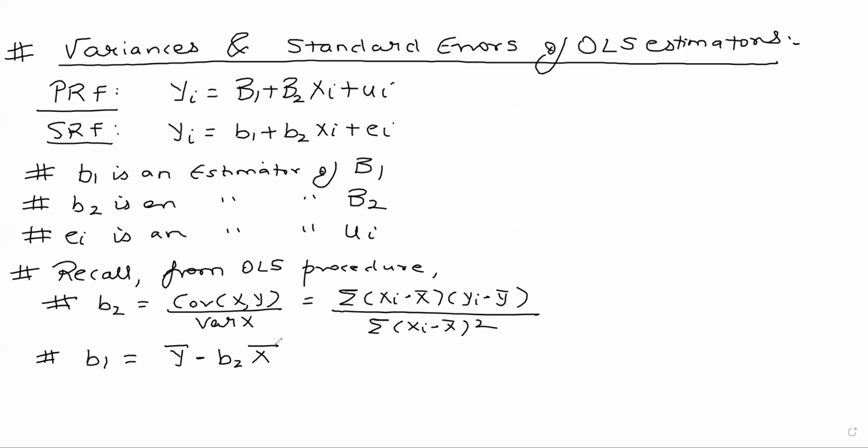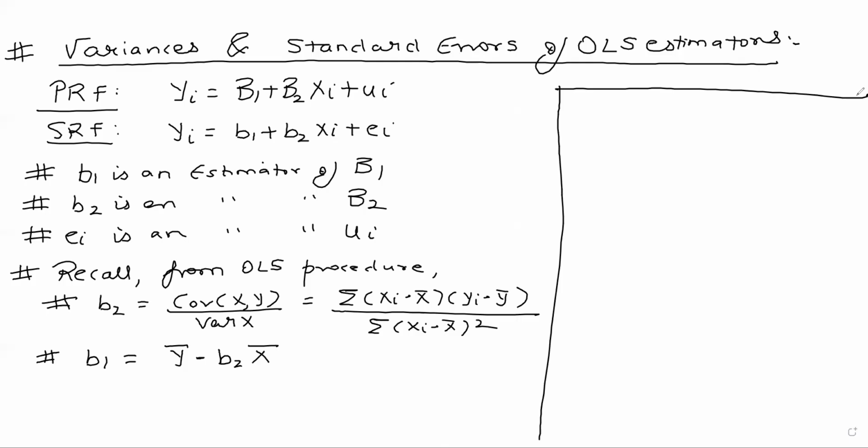Now guys, b1, b2 themselves are random variables. And any random variable will have mean also, it will have variance also. So now I am presenting to all of you the variances of b1 and b2. Now understand this, b1 is estimating capital B1, b2 is estimating capital B2. You have lot of b1s, lot of b2s.